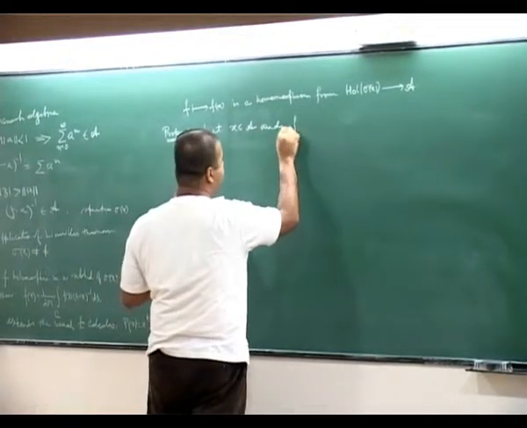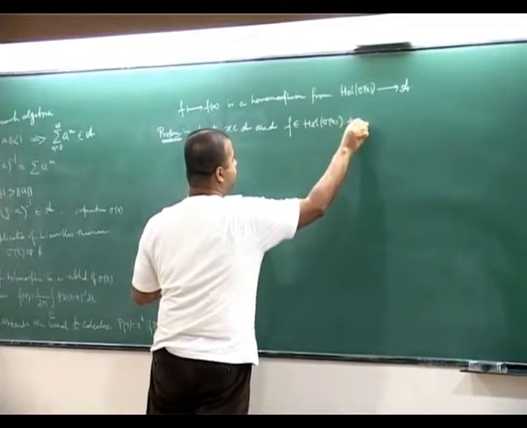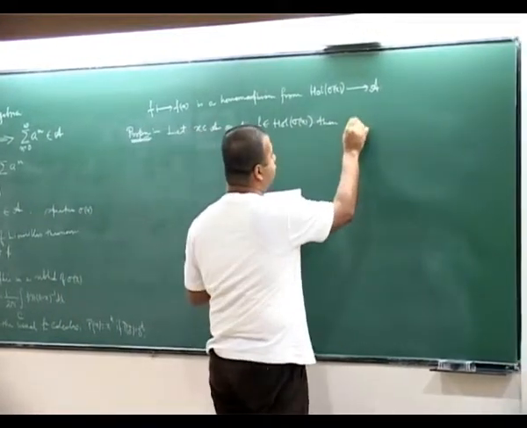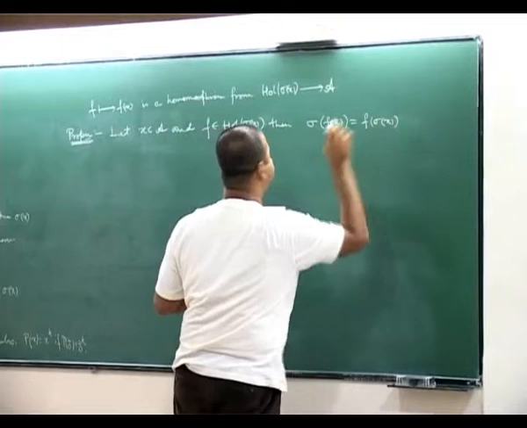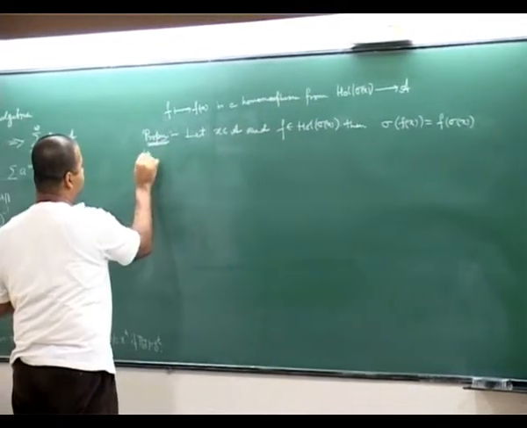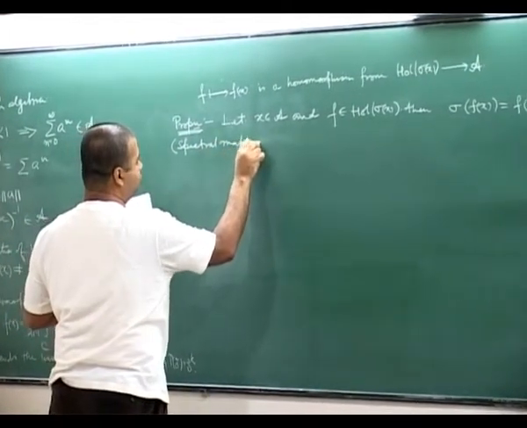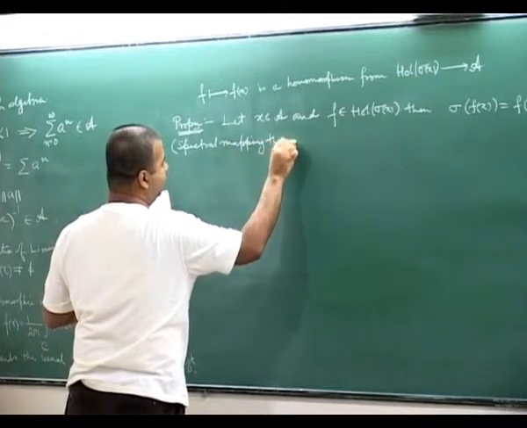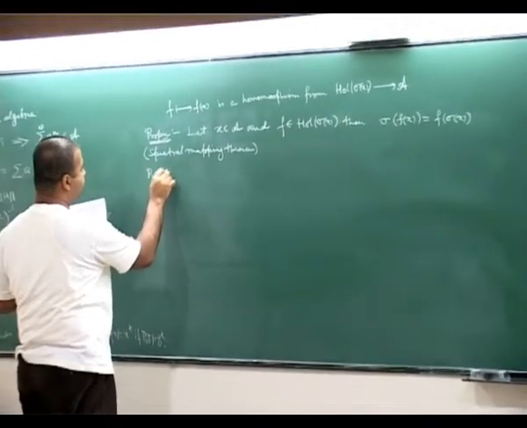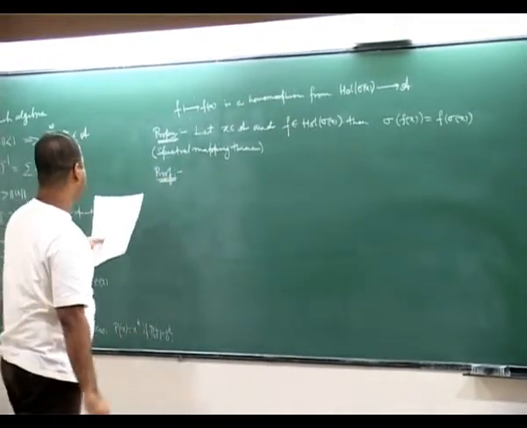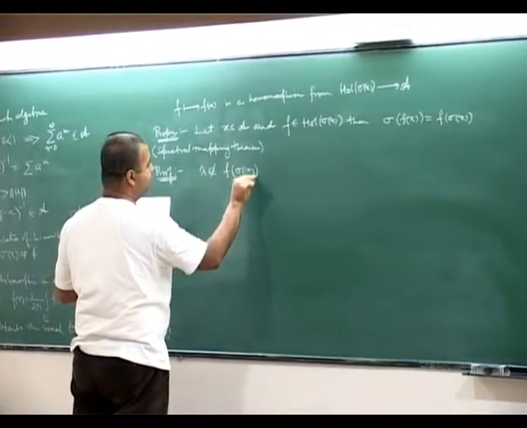And this is called the spectral mapping theorem. So the proof is also the same as the other one. So suppose lambda is not an element here.